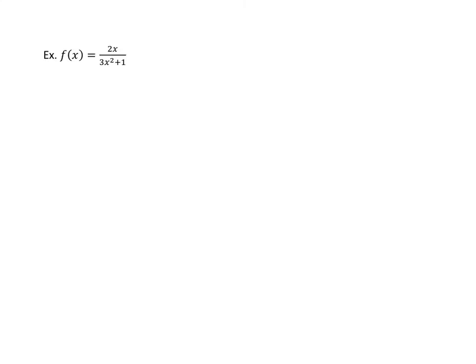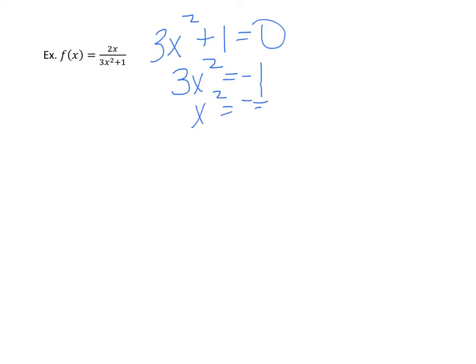Okay, start with vertical asymptotes. Take your denominator, 3x squared plus 1, set it equal to 0. 3x squared equals negative 1, x squared equals negative 1/3. And x equals plus or minus the square root of negative 1/3, which means there is no vertical asymptote.